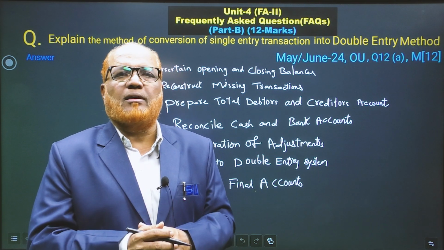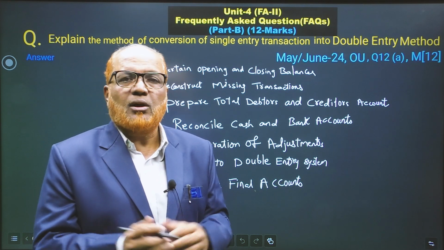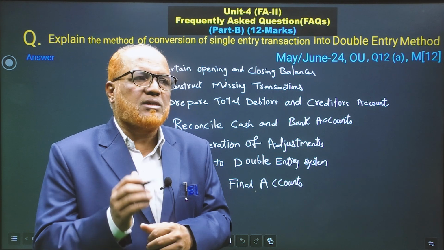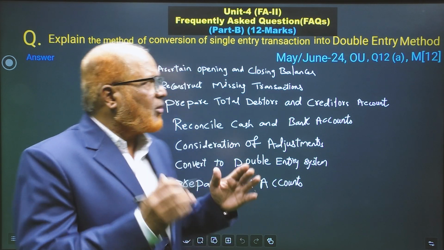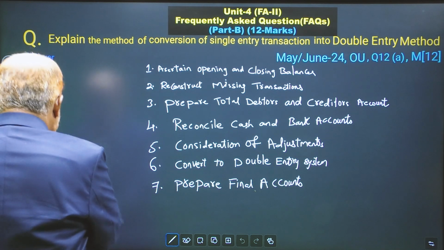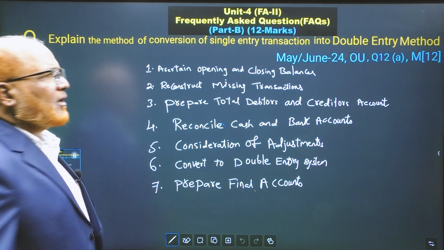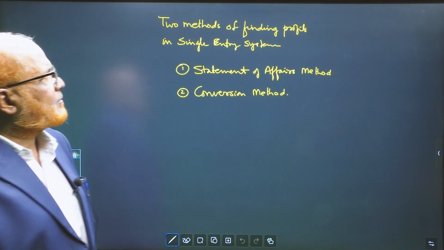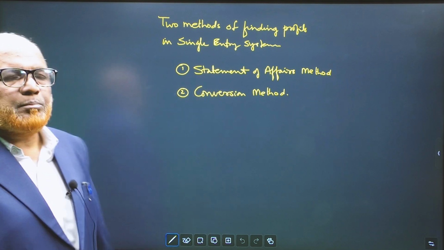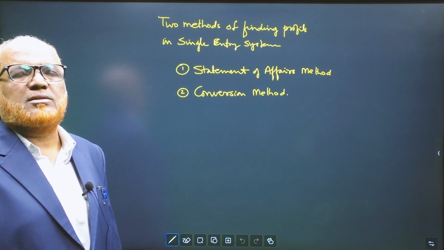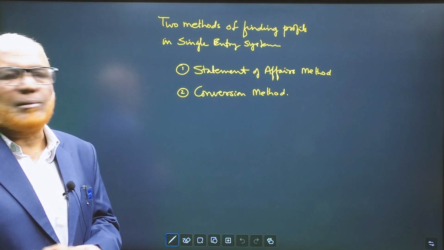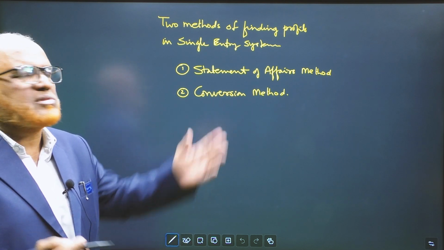But before proceeding, I want to explain the two methods of ascertaining profit in single entry system. The first is the statement of affairs method, also called the comparison method. Sometimes it is called comparison method, sometimes statement of affairs.